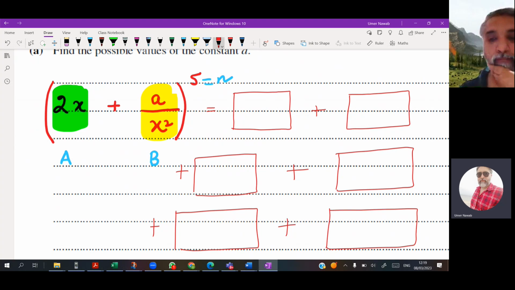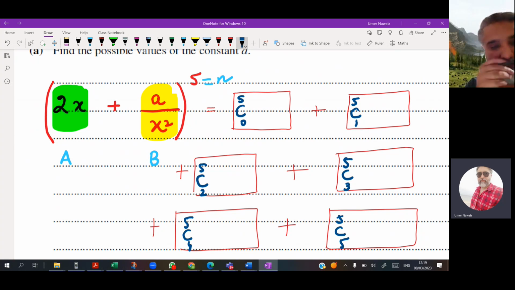And the binomial coefficients will be 5C0, 5C1, 5C2, 5C3, 5C4, 5C5. And my a is 2x.